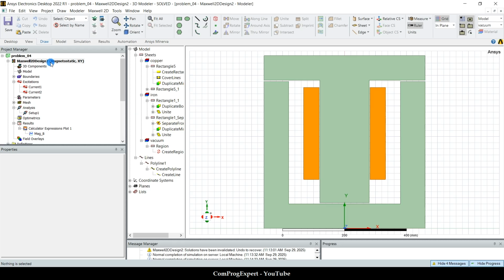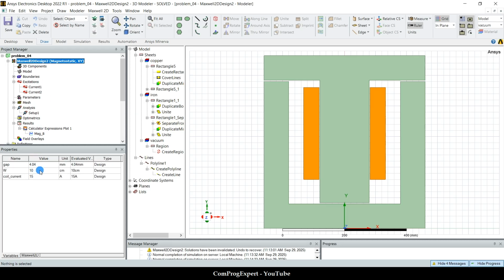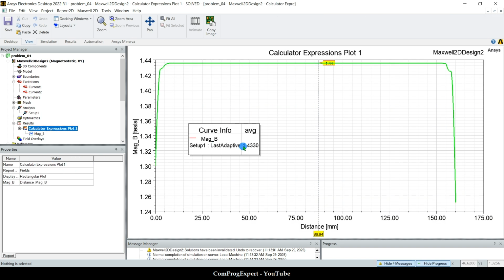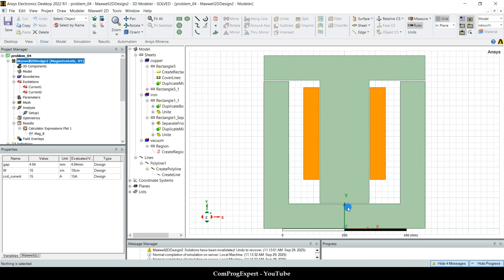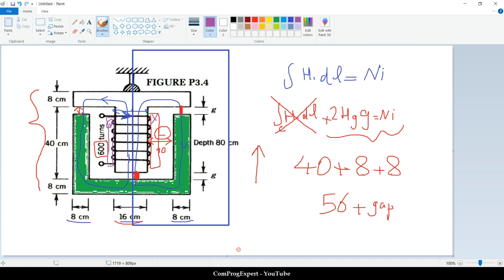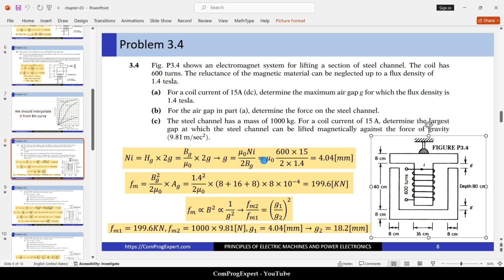When the value of the current is 15 amps and the value of the air gap is 4.04, the value of the flux density is 1.4 in the air gap. We calculated it considering this integral, neglecting the magnetomotive force drop in the iron. So you can redo the simulation and investigate this equation.